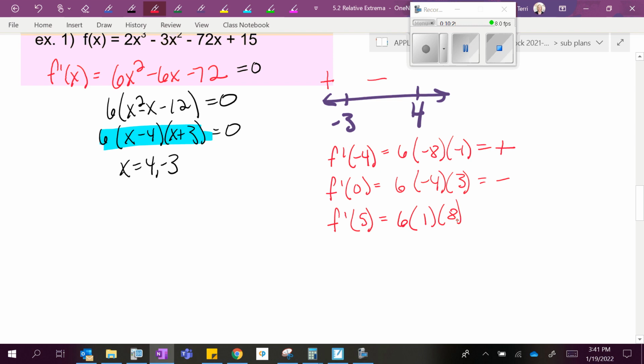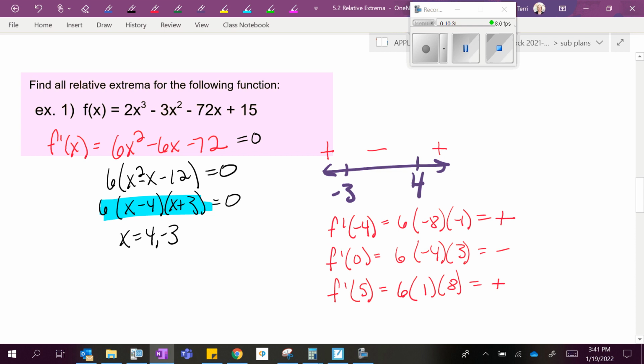I get 6, 1, and 8. So I get positive, so it's increasing. So now I can see my function is increasing on this interval and then decreasing and then increasing, so I can tell at -3, I have a max. At +4, I have a min.